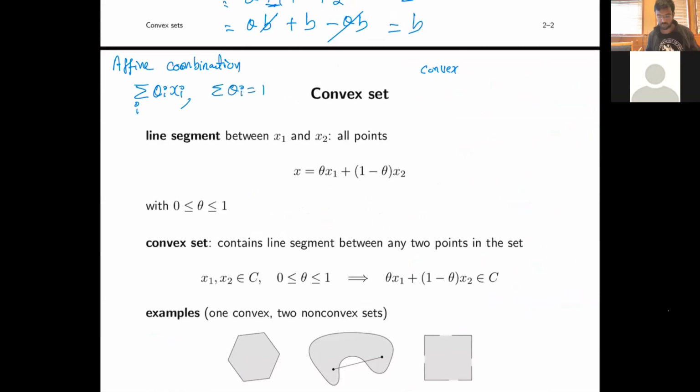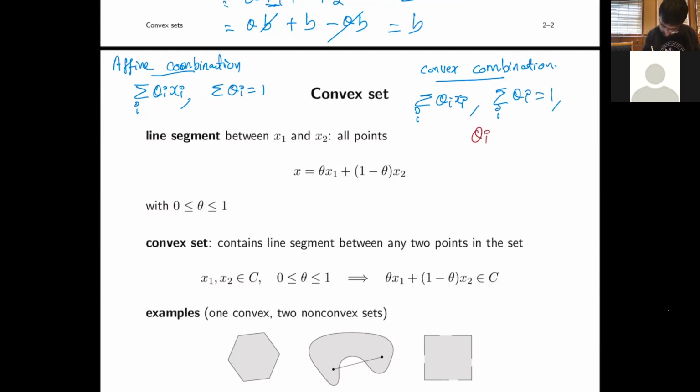This was the affine combination. Now I'm talking about a different combination, which is called convex combination. It is something similar, theta_i x_i, and we have this condition also, the sum equal to 1, and an additional constraint, which is that theta_i has to be between 0 and 1.